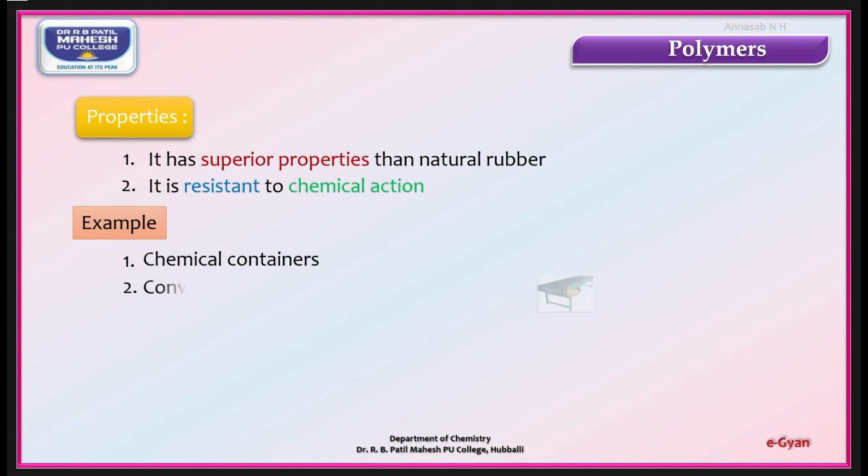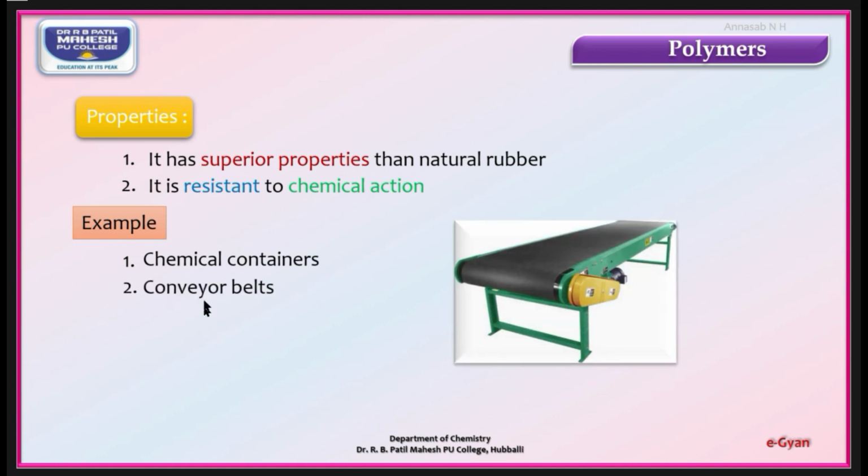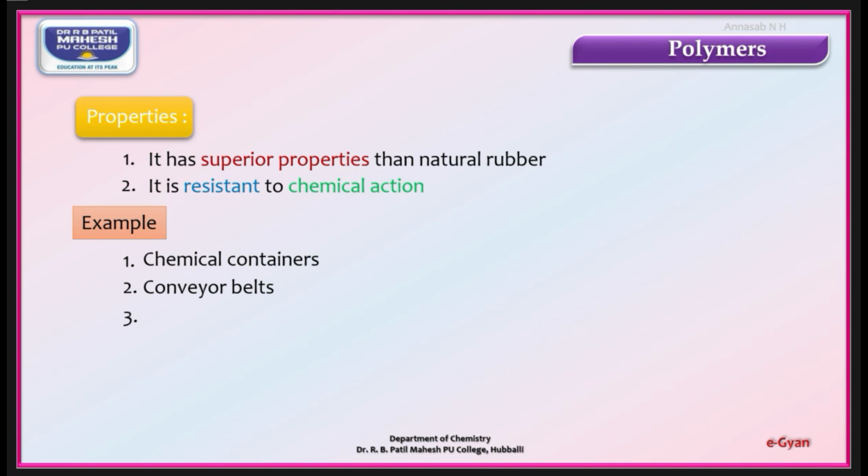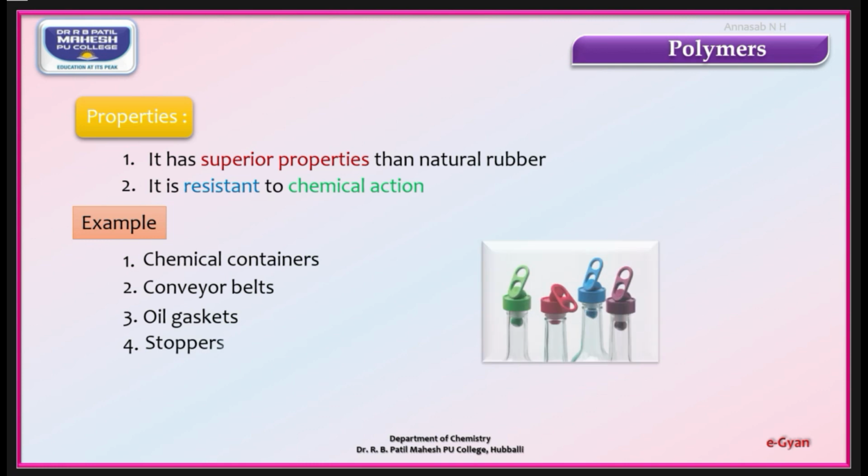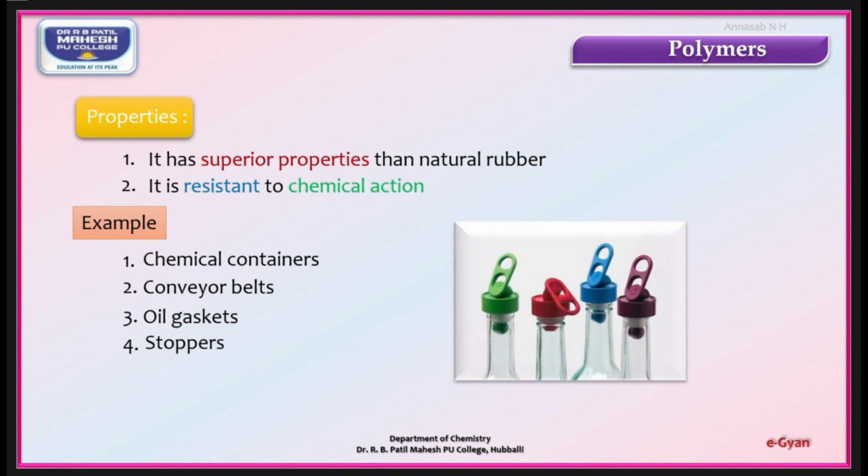The second example, conveyor belt, oil gaskets. And the fourth example, which are used as stoppers. So for the water bottles you use, whatever the stopper is there, if it is plastic, it is made up of neoprene unit.